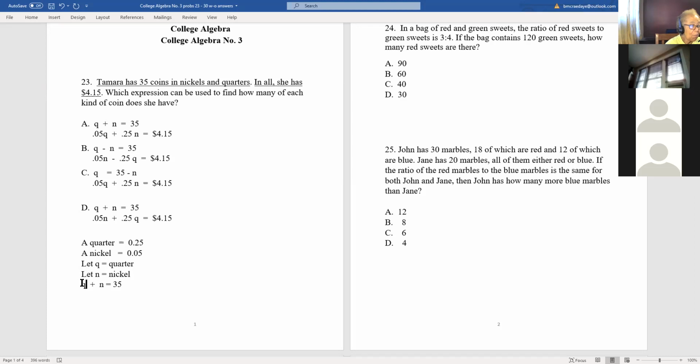All right. Now we know that the amount of quarters plus the amount of nickels is equal to $4.15. So how would you convert the number of quarters to an amount, Latoya? What would you do? How would you convert the quarters to an amount using these variables Q and N?